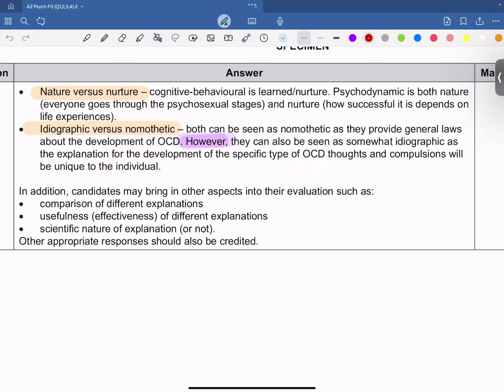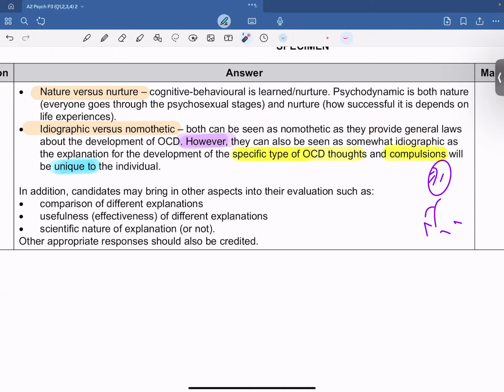So, if we're talking about this particular individual, whatever the specific type of OCD thoughts this person has, or whatever the specific compulsions this individual has, might only be unique to him or her and not to anyone else. So yeah, you could end up saying that this is somewhat, as the examiner puts it, ideographic.